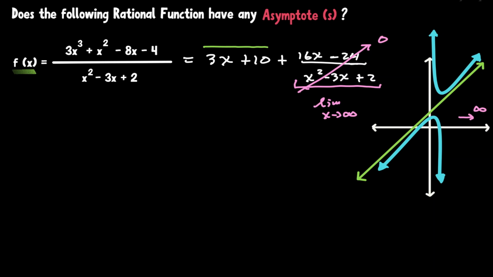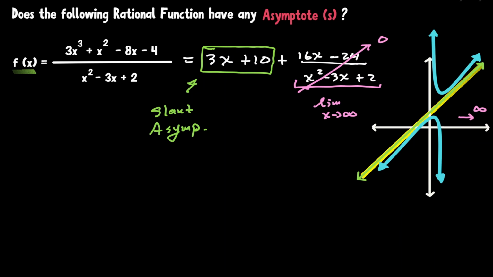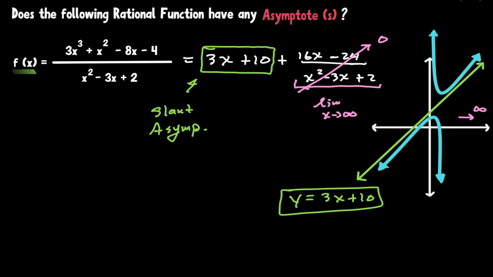And this expression that is left, 3x plus 10, is going to be the function for our slant asymptote. This diagonal line that the function is going to follow is going to have an equation of y equals 3x plus 10. Which again, this is something that we define as a slant asymptote.